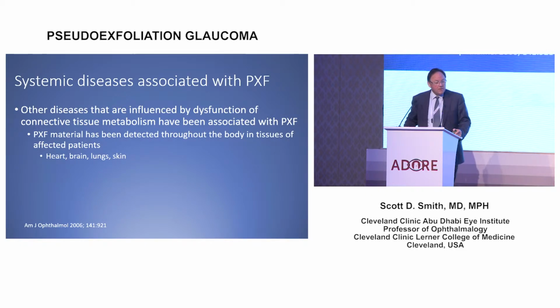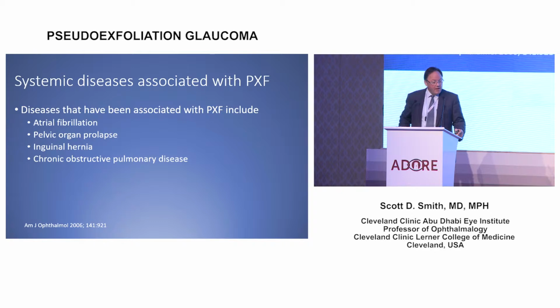Now, there are systemic diseases associated with pseudoexfoliation, and the underlying common theme is dysfunction of connective tissue metabolism. Pseudoexfoliation material has been detected throughout the body in tissues of affected patients, including the heart, the brain, the lungs, the skin, and various diseases, including atrial fibrillation, pelvic organ prolapse, inguinal hernia, and chronic obstructive pulmonary disease have been associated with pseudoexfoliation.